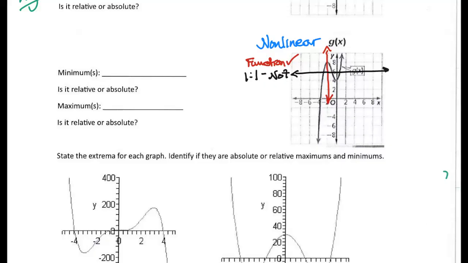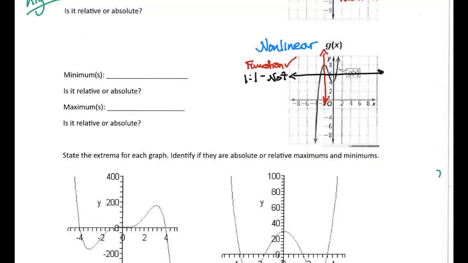Minimum. Minimum. That is your low points. Okay? Low points. How low can you go? Do I have any minimums? Now, it's not talking about lowest. It's just saying low point.